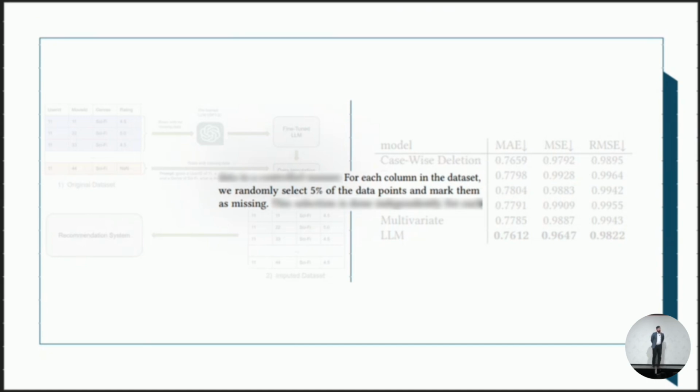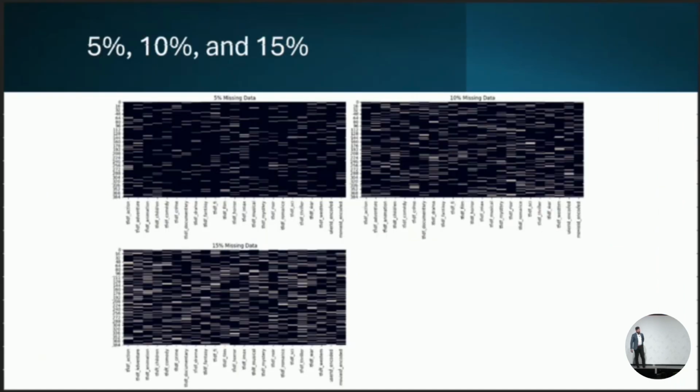So I wanted to replicate what they did across data sets with 5% missing data, 10% missing data, and 15% missing data, just to see whether the LLM works as well when we have higher levels of missingness.